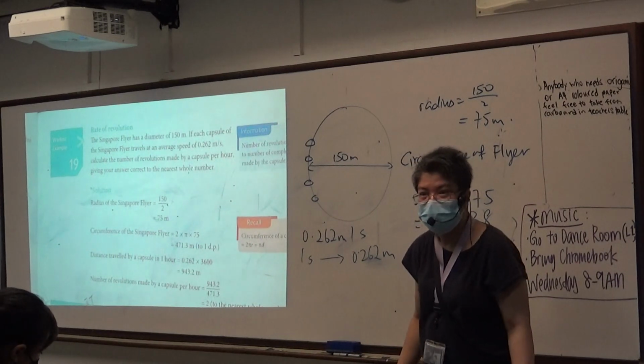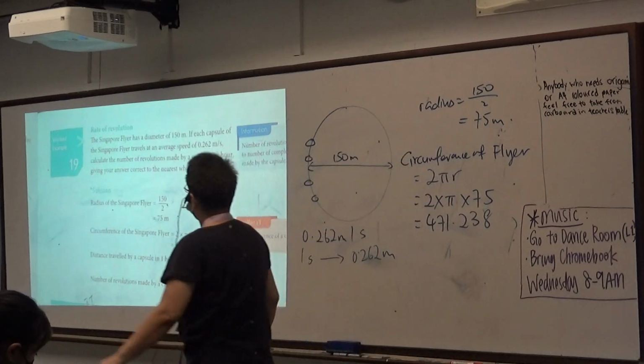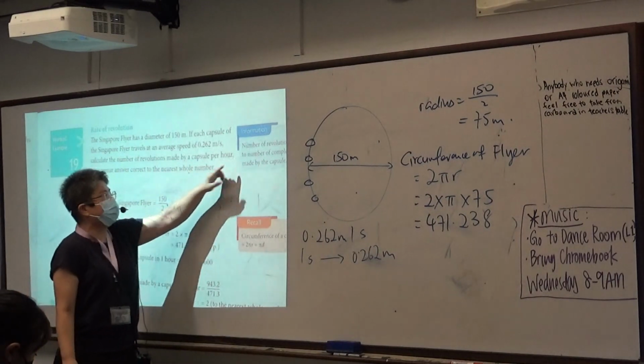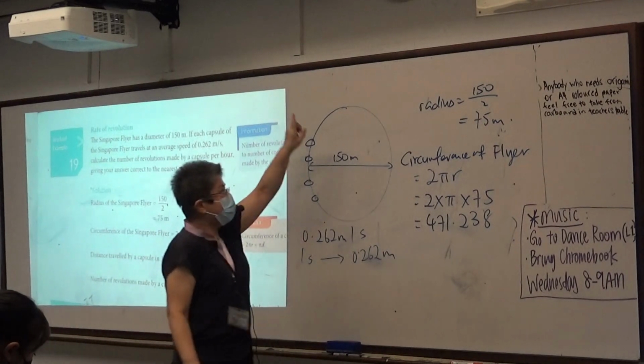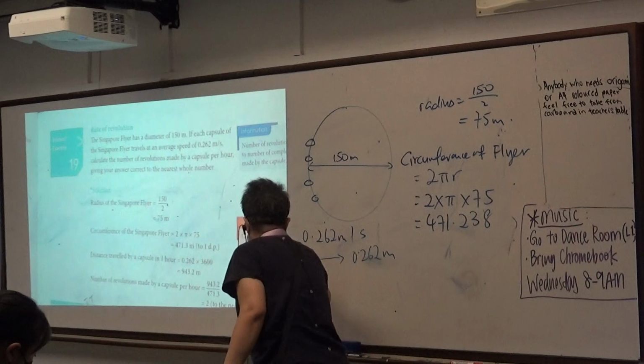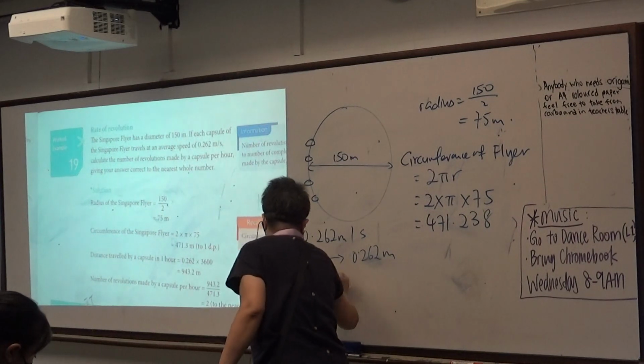Agree? Yes or no? Okay, what did the question say? Calculate the number of revolutions made by a capsule per hour. That means how many rounds it goes per hour. So 1 hour, just now I told you, is this one.